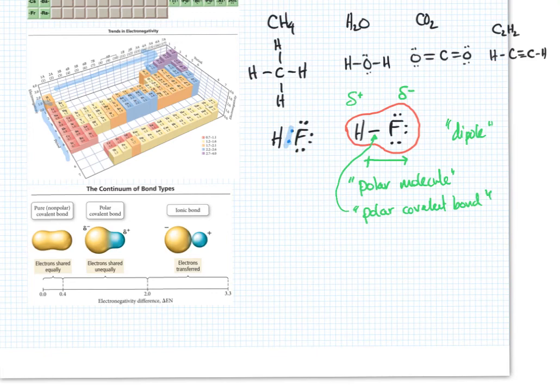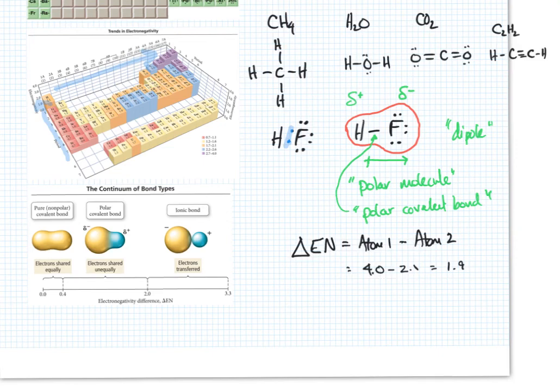It's quite simple. We use the difference in electronegativities between atom 1 minus atom 2. In this case, it would be 4.0, the fluorine, minus 2.1, the hydrogen. So that's going to equal 1.9, the change in electronegativity.